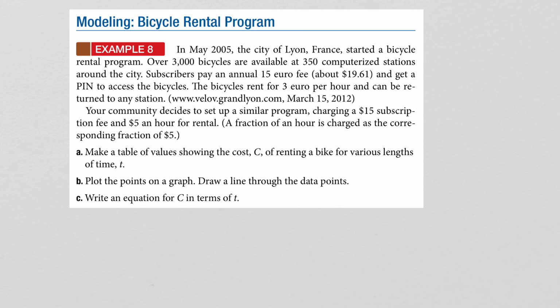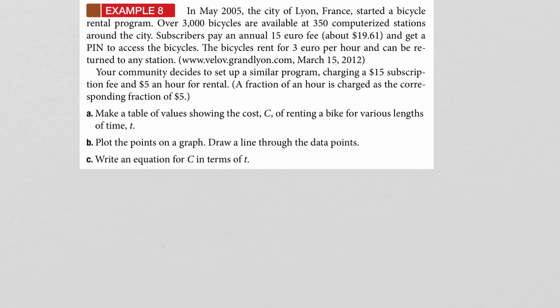The bicycles rent for €3 per hour and can be returned to any station. So your community decides to set up a similar program charging $15 subscription and $5 per hour for rental. Any fraction of an hour is charged as the corresponding fraction of $5. So make a table of the values showing the cost C of renting the bike for various lengths.